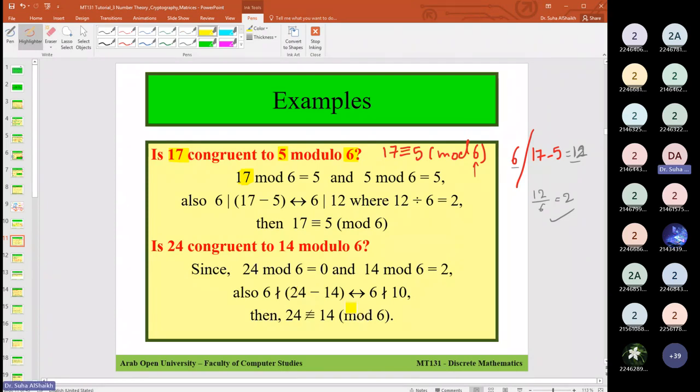Hello? Okay. Now, is 24 congruent to 14 modulo 6? How do we write this? We say that 24 is congruent to 14 mod 6. When is this statement true? When this 6 is dividing the difference between 24 and 14. Notice that the number inside divides the difference between the two numbers outside the parentheses.